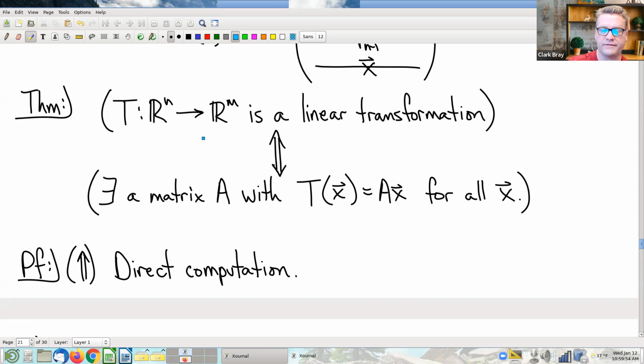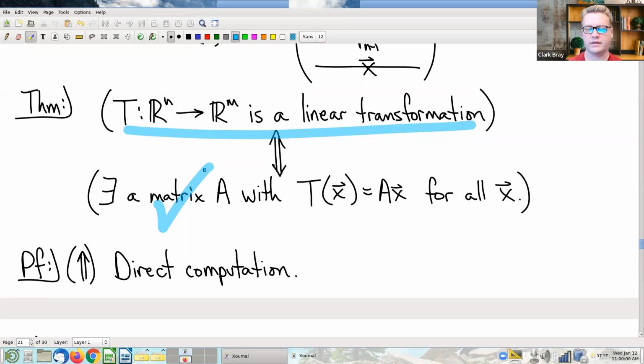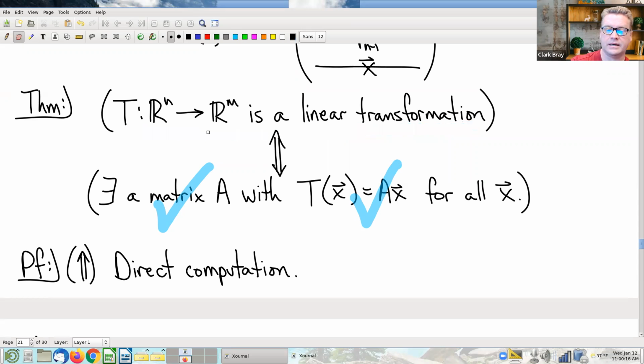If you have any linear transformation, then there is a matrix that represents it in this sense. In other words, you can always think of any linear transformation on Euclidean spaces as just multiplying by a matrix. Furthermore, I'm saying these two statements are equivalent.